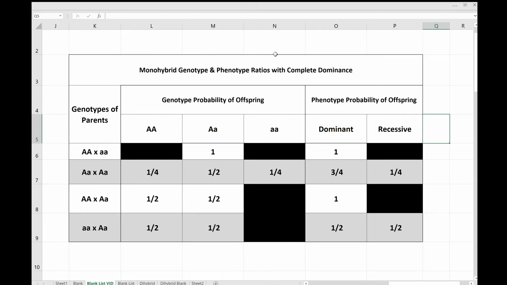So I hope all that monohybrid cross wasn't too confusing. So what I did was I created a table to summarize. And what this table is showing is if you know the genotypes of the parents for a monohybrid cross, and you know that the gene you're doing a test cross with shows normal complete dominance, meaning if the dominant allele is in the organism's genotype, they will express the dominant trait.